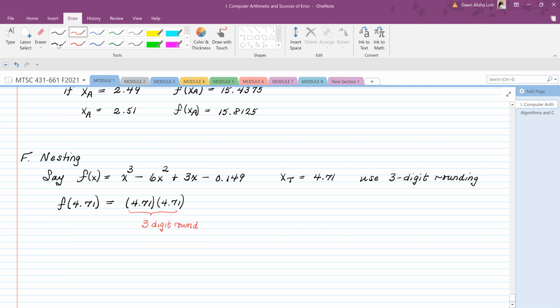Then take that number and multiply it by 4.71 and 3-digit round again.